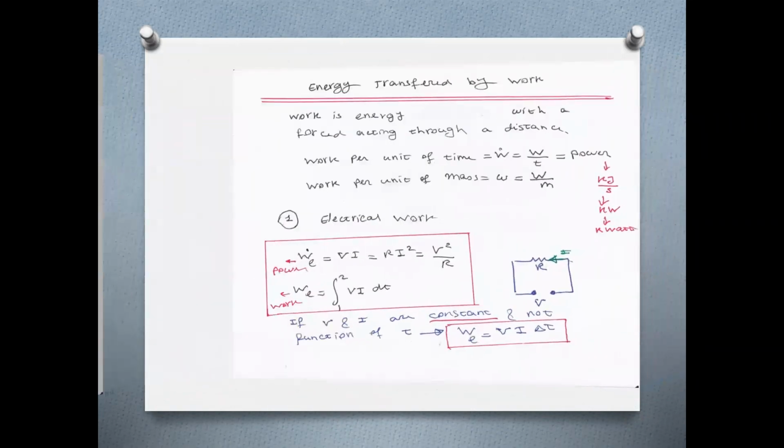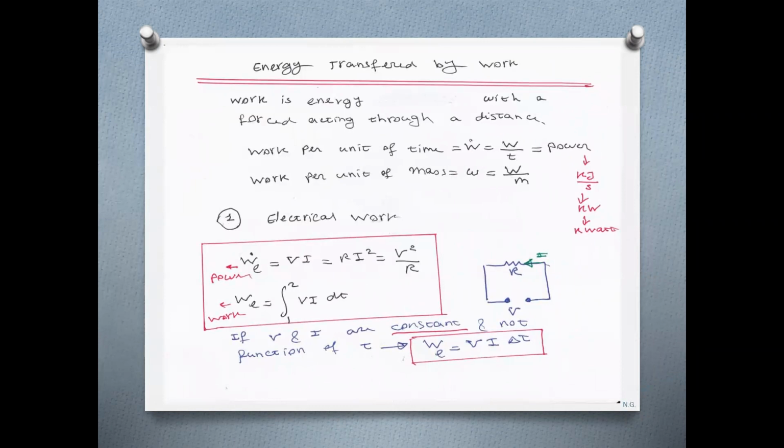And then we want to talk about different types of work that may be added to or subtracted from a system. By the way, we know that work per unit of time, W dot, which is W divided by delta T time interval, is power. In the SI system, it's kilojoule per second, and joule per second is called watt.